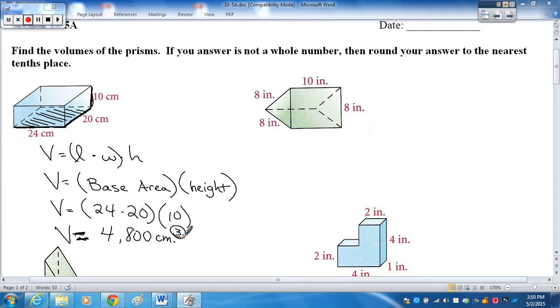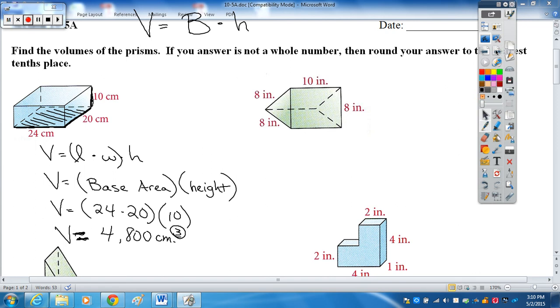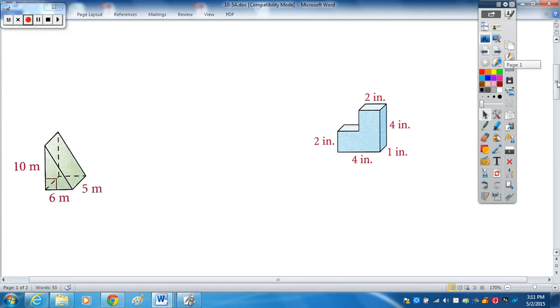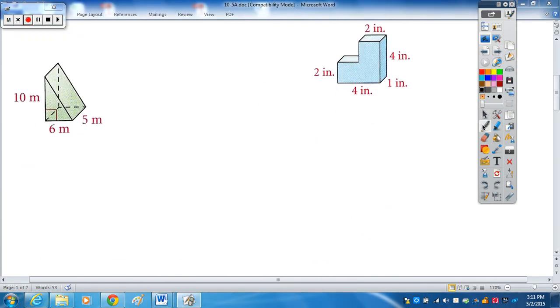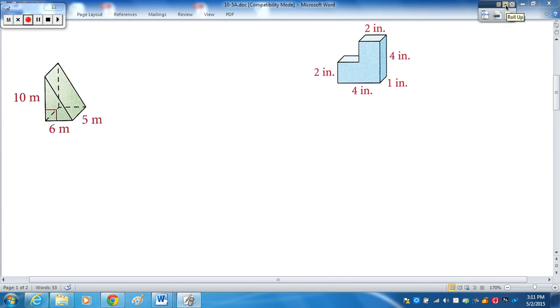Now, let's write that formula up above, what we're going to be using. Big B times H. Remember, capital B means base area as we work through these problems. Now I'm going to skip the second one here for just a second, and I want to go down to the third one and look at this one. How do we find the volume of this figure?